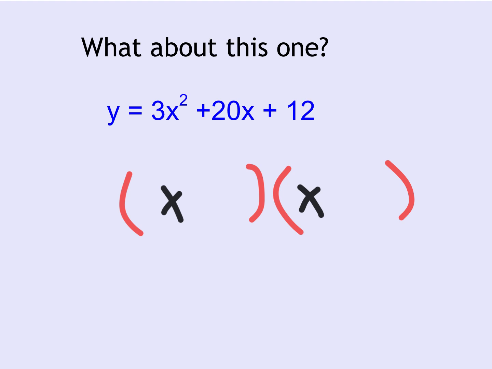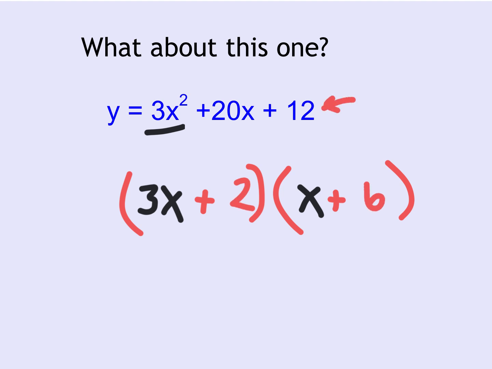Yes, 3x and x, because that will make 3x squared. And now all the steps are the same. Lindholm, is there a negative in the problem? No. What do I do then? 3x plus 2 and plus 6. You're saying it's 2 and 6 because they multiply to 12?